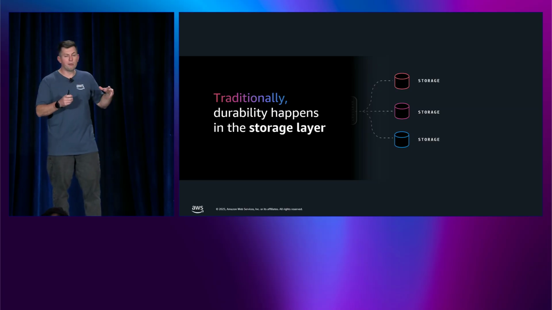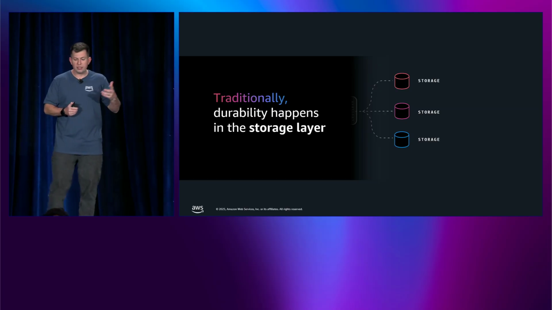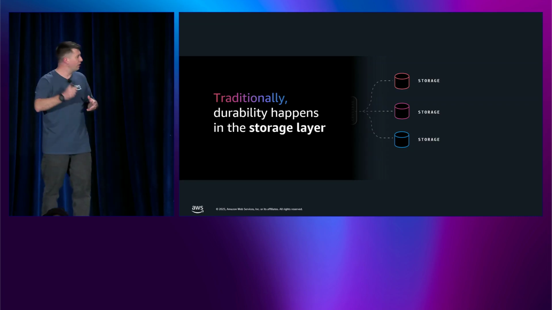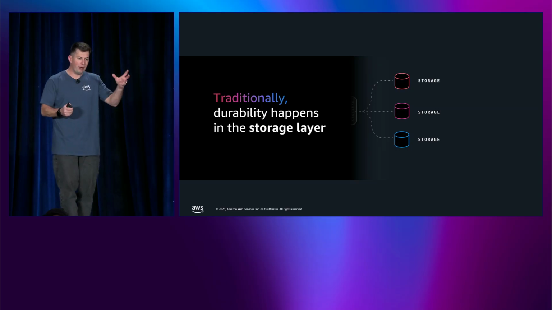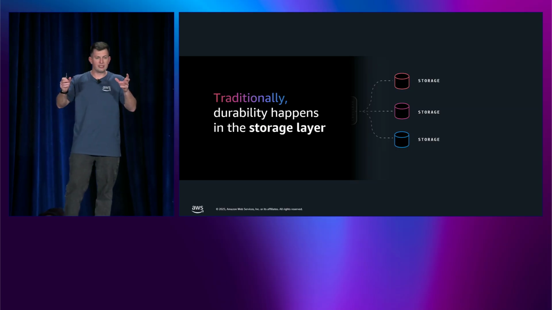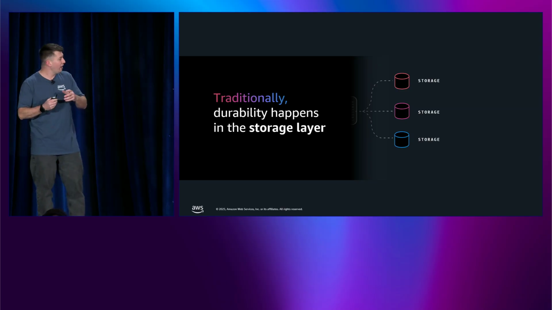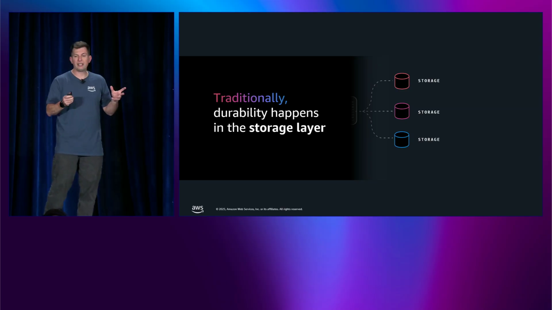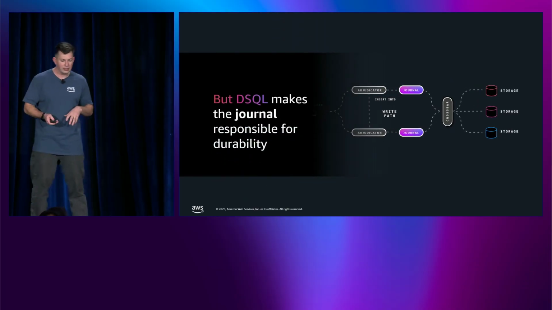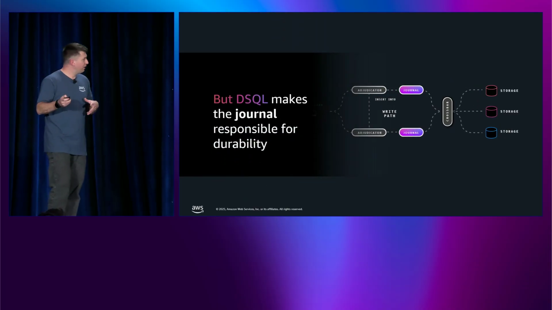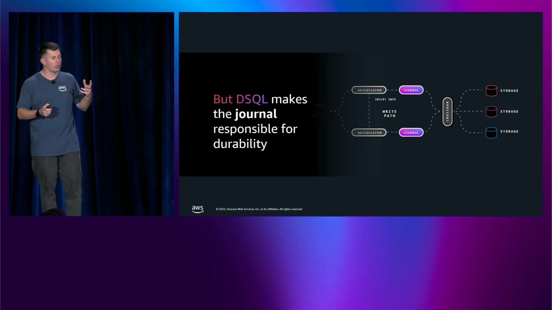But this comes with a price. You need checkpointing, you have to have logging, and you need to carefully coordinate between memory and storage synchronization to be able to recover in case of failure. All this adds lots of latency and lots of complexity to the system. So DSQL manages this complexity by using the journal.